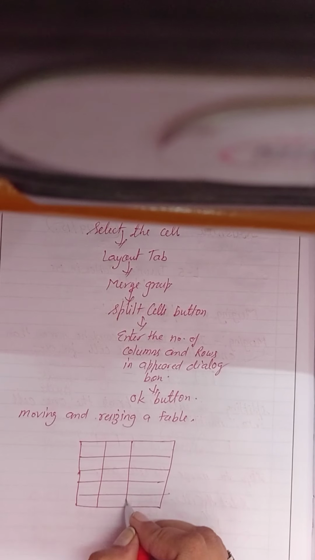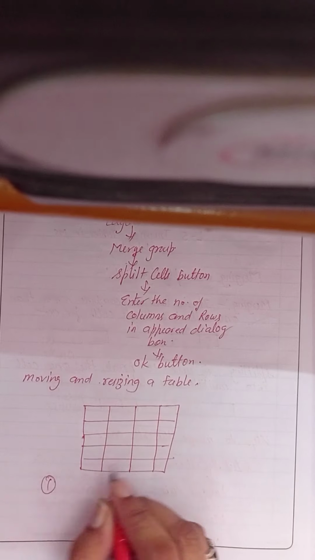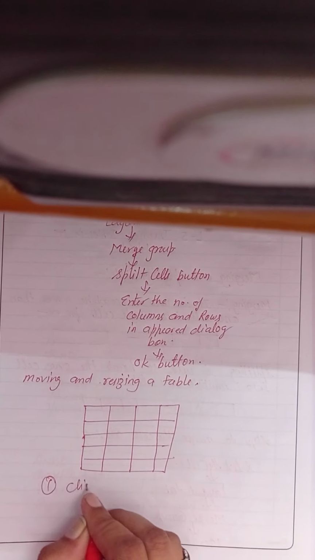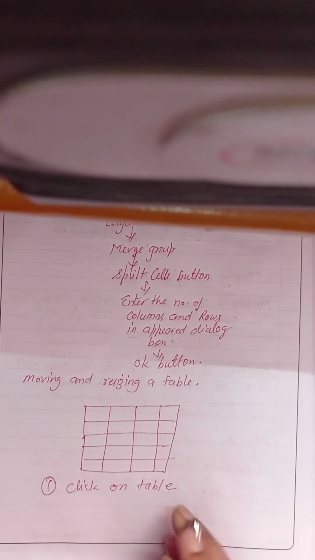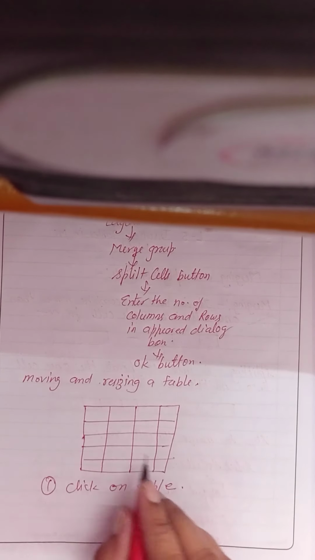You want to move this table. What you have to do? Your first step is click on the table. After clicking on the table, we get one plus sign at the top left corner.